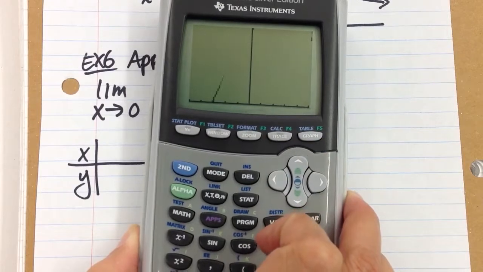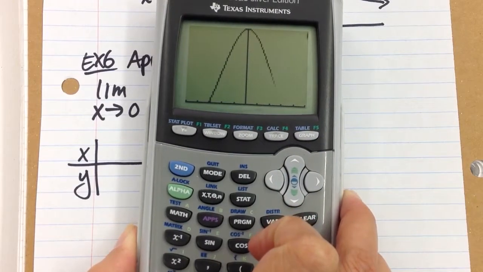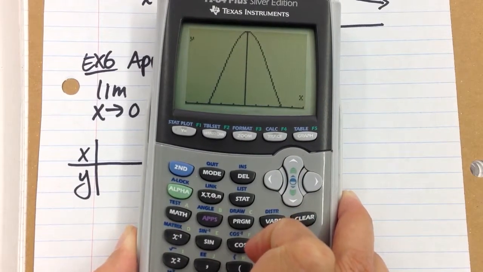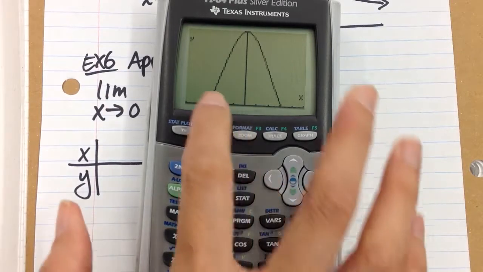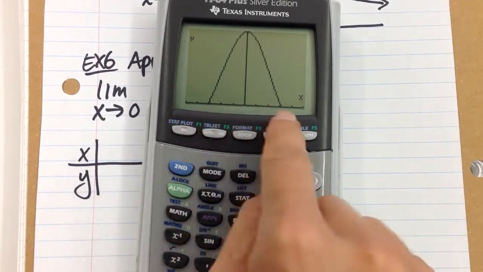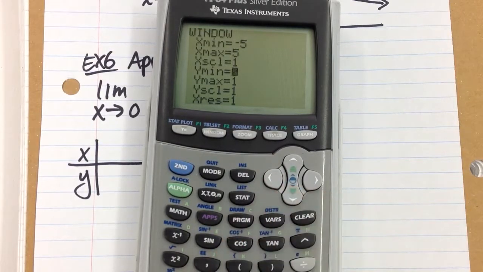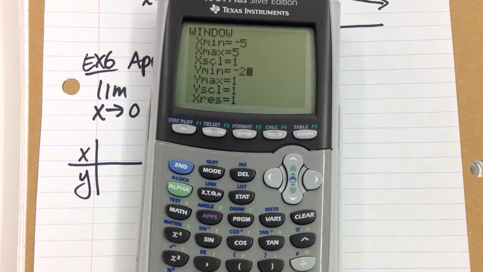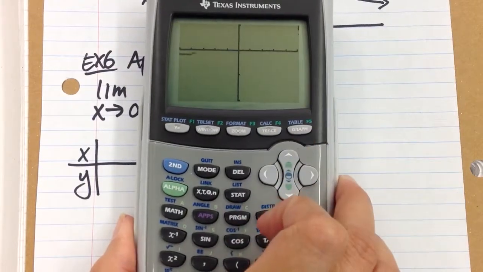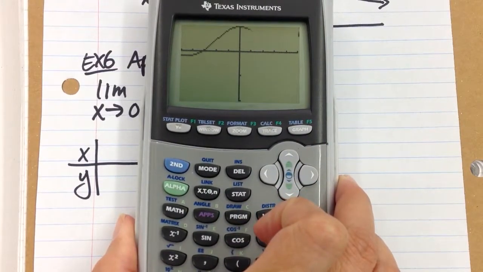And then I graph. Okay, so I get more of a curve. Actually, I do want to go into the negatives a little bit because this goes past the negative, so let me change the minimum to -2, and then graph it. That's a little better.